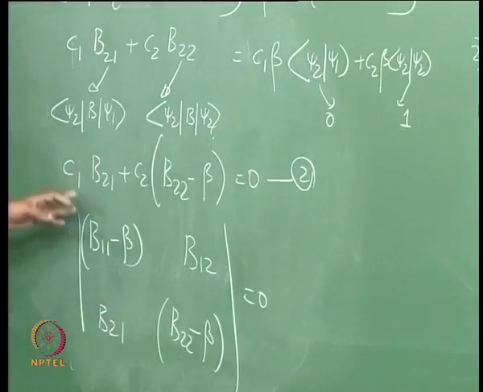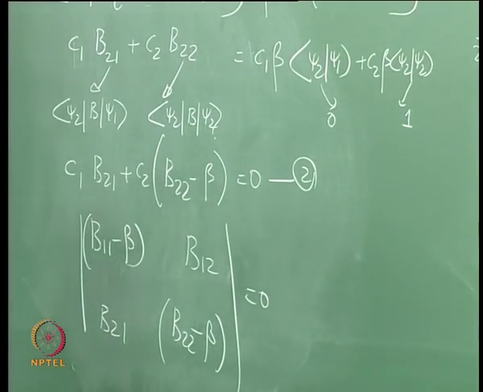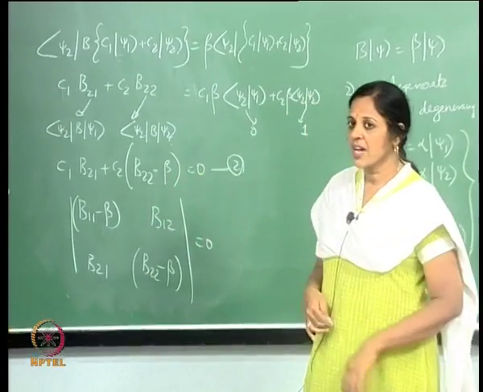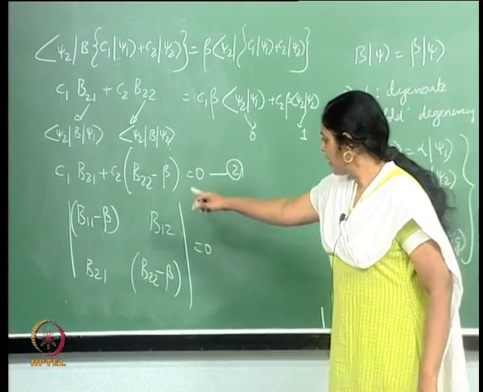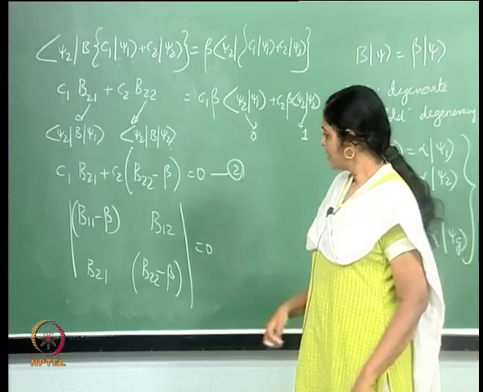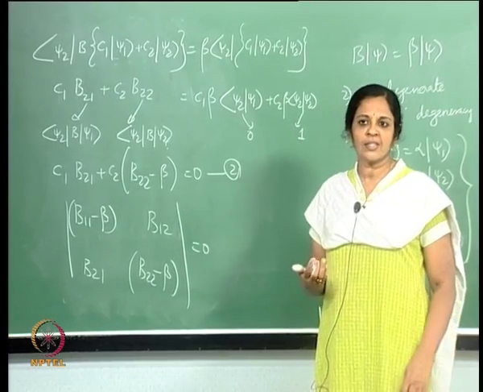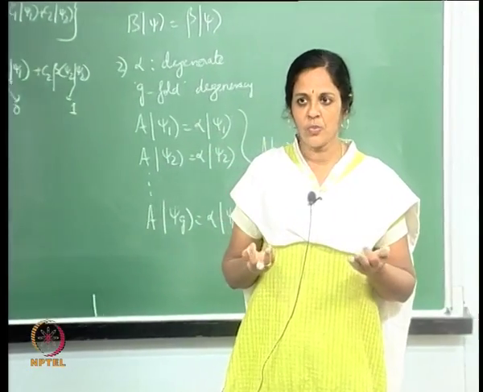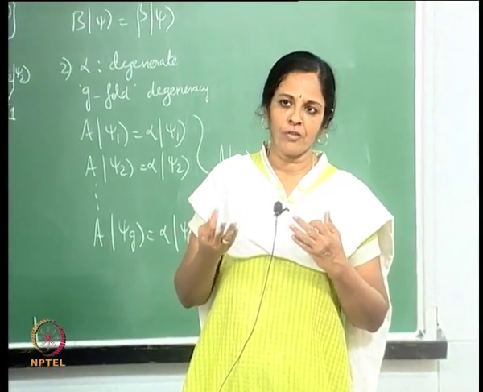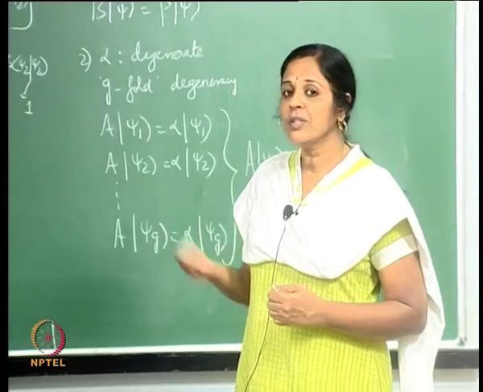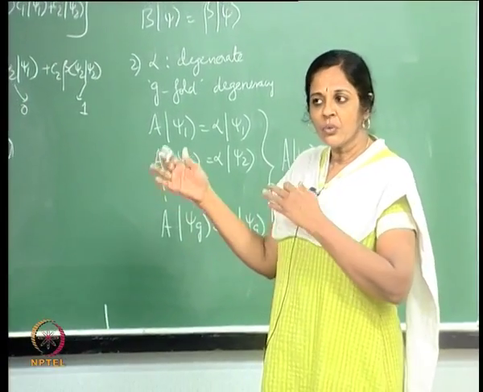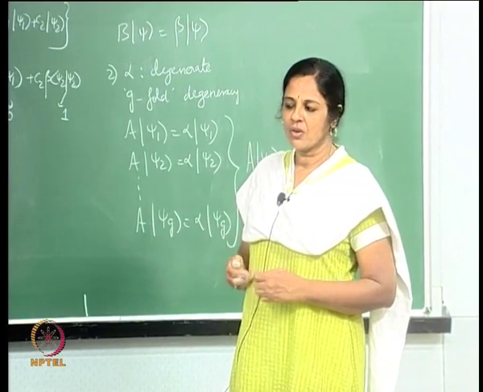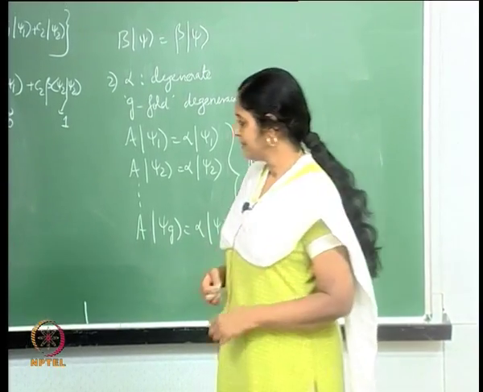This determinant should be 0 because I have two homogeneous equations in C1 and C2, and in order to have a solution I need to have this determinant equal to 0. That is going to place conditions on beta, and the beta is the eigenvalue corresponding to the eigenvector of B, and therefore that should tell me what the values of beta are. In other words, I have reduced this to finding out the possible values of beta.